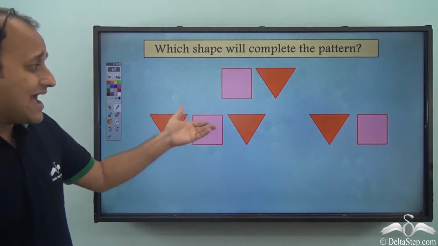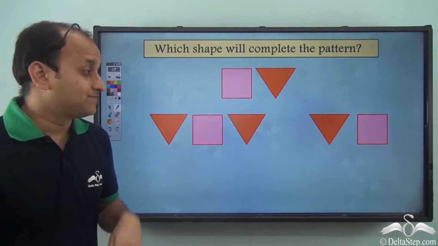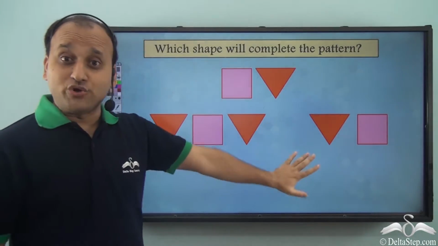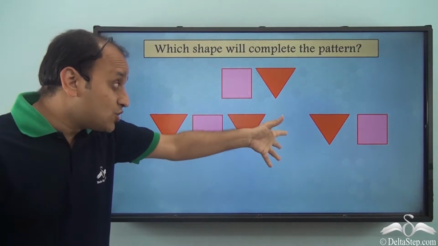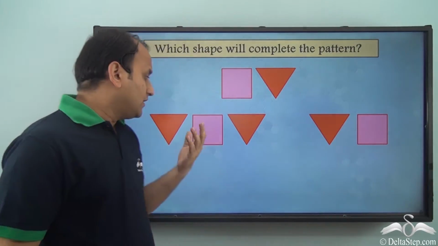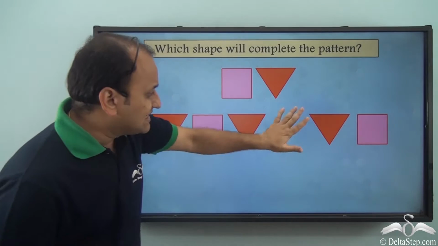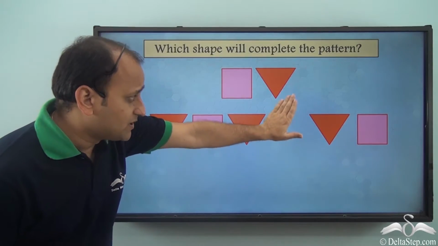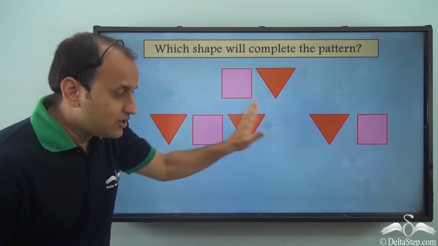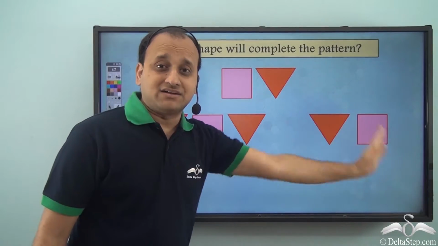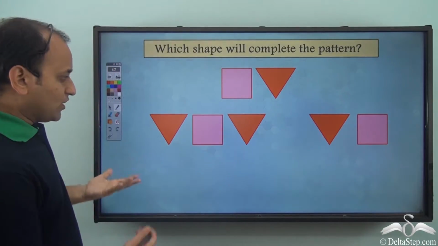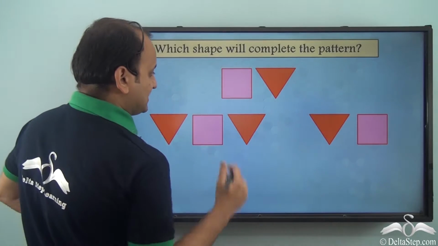Now here I have a set of designs, and even they are showing a pattern, but this is not a complete pattern. So which design or which shape should I place here so that we have a pattern? Now what do we see right now without placing anything here?